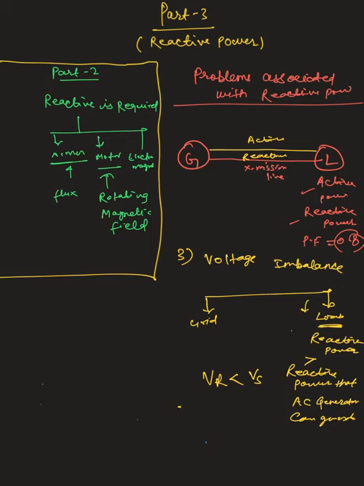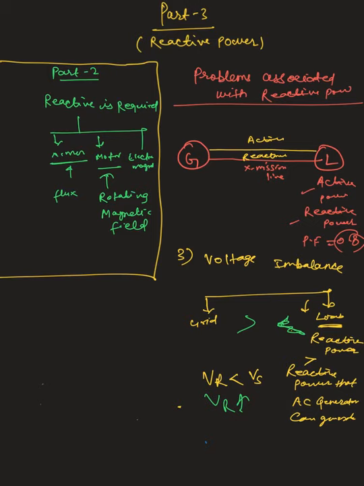Similarly, if the reactive power of the grid is more than the reactive power of the load, in that case the receiving end voltage will increase.